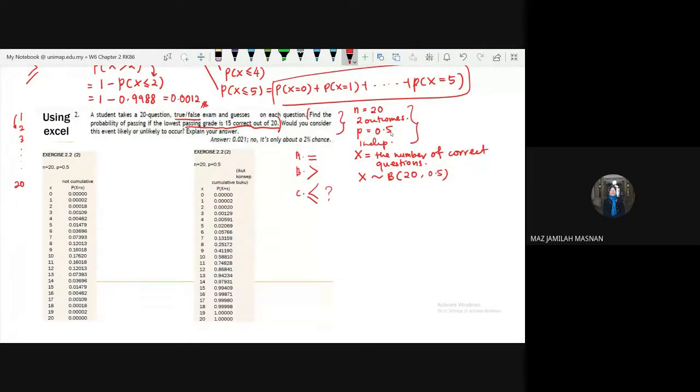You're talking about 15 correct out of 20. Now look at the question. The question says "is" 15 correct. It does not say at most or at least. It says "is". Your keyword is "is". So if it is "is", then A is your option.